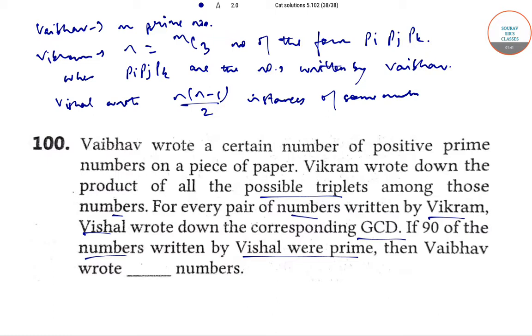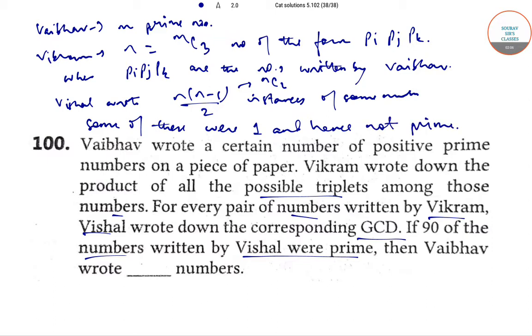We got this n into n minus 1 by 2 as NC2. Some of these were 1 and hence not prime.